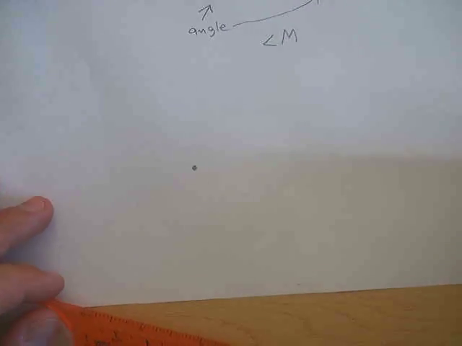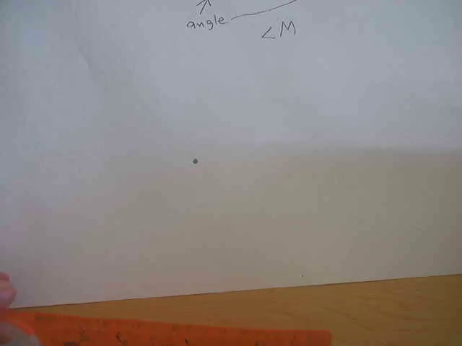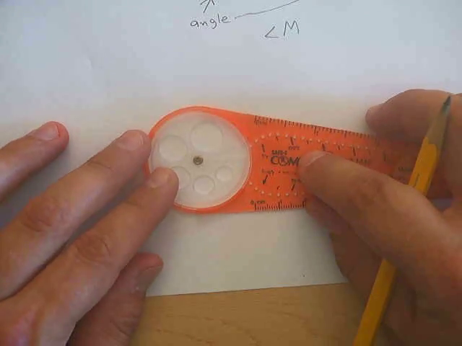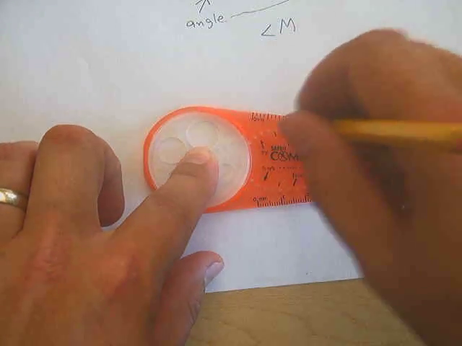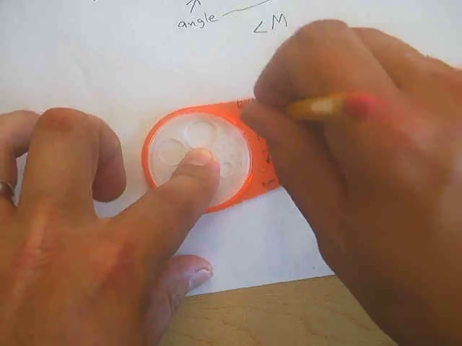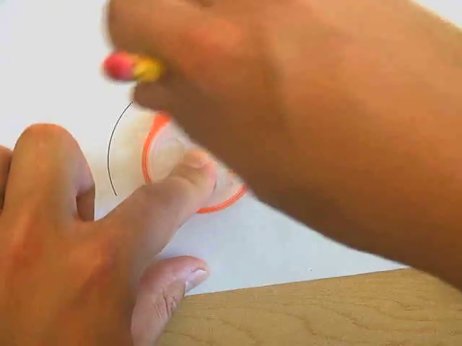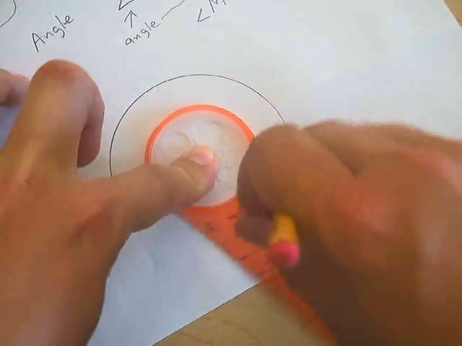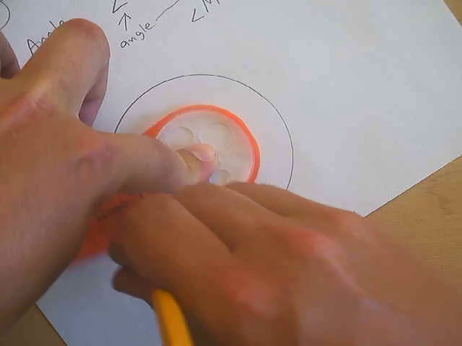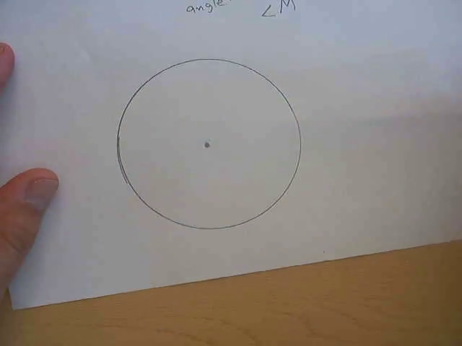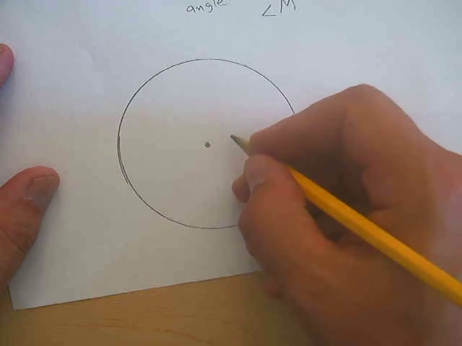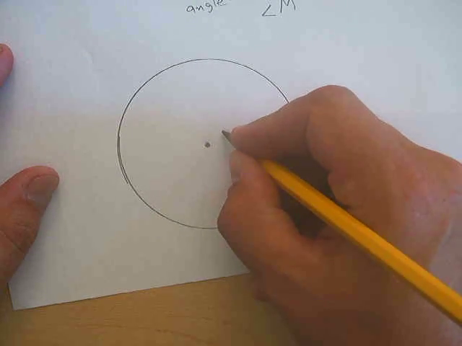Finally, last but not least, is a circle with a center. A circle is a set of all points in a plane equidistant from the center. What does that mean? That just means that all the points on a circle are the same distance away from that center. If I want to make a circle, this is called a compass.